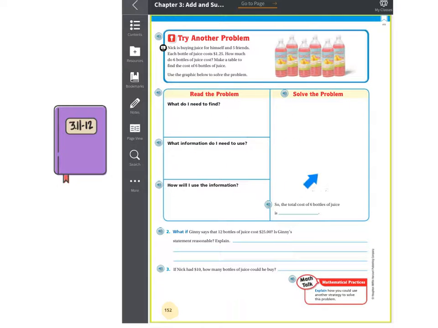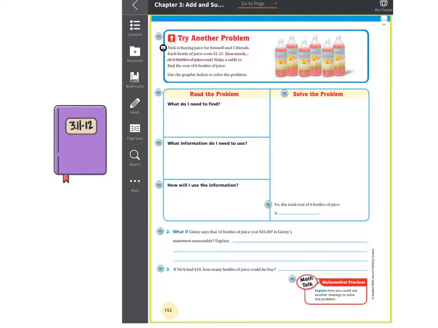So this graph kind of spaces it out for you to start out with what you need to find. First we need to decide what we need to find. Go ahead and get out your highlighters also, so you can highlight the different numbers that we're going to be using. We need to find how much 6 bottles of juice cost. And we need to make a table to find the cost of 6 bottles of juice.